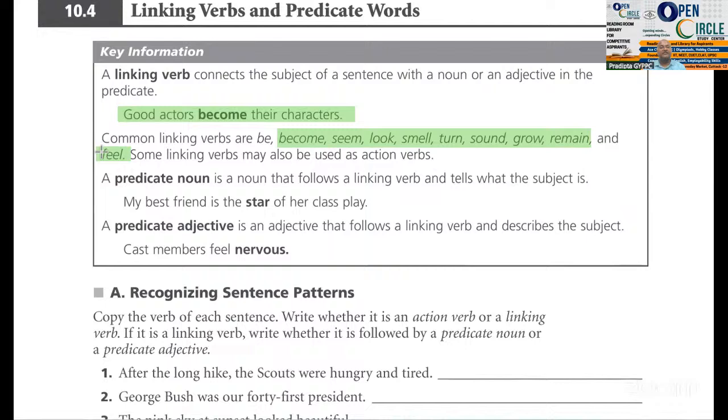Yes, using linking verbs. Another sentence, not become, but look, smell, turn, sound.